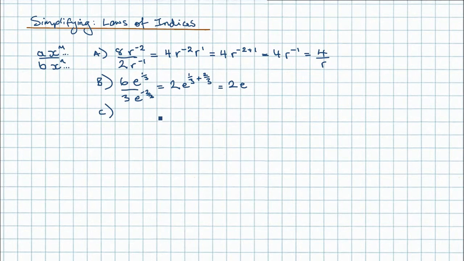So let's try another one. What can we do now? Let's think of something like this. So if we have 7g to the half, divided by, let's just keep it straightforward, 14g to the minus 5 over 2, like that.